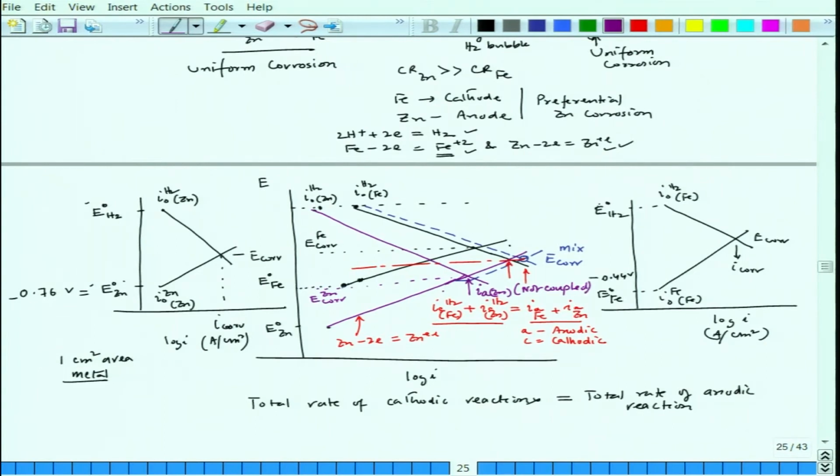But after coupling, you see the corrosion rate of zinc is at this point, which is I A zinc when coupled.